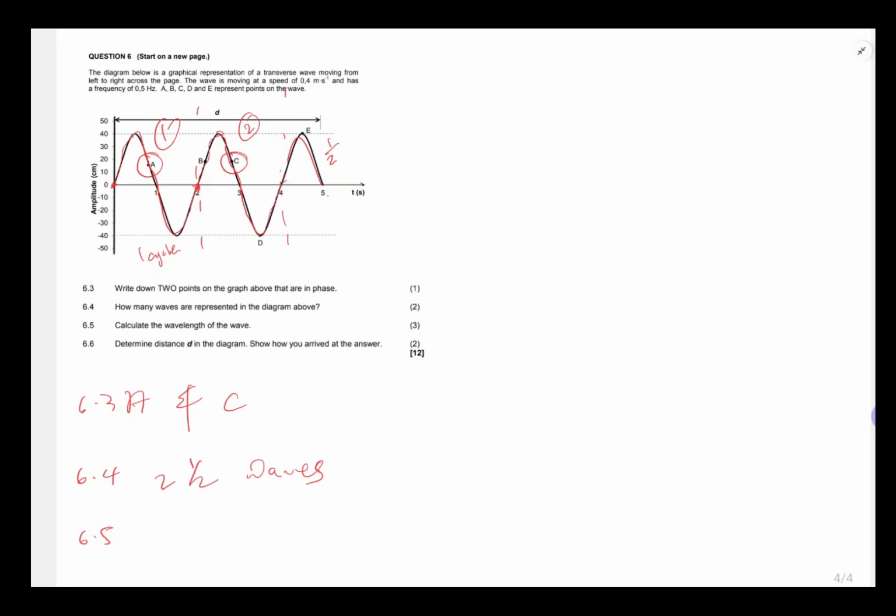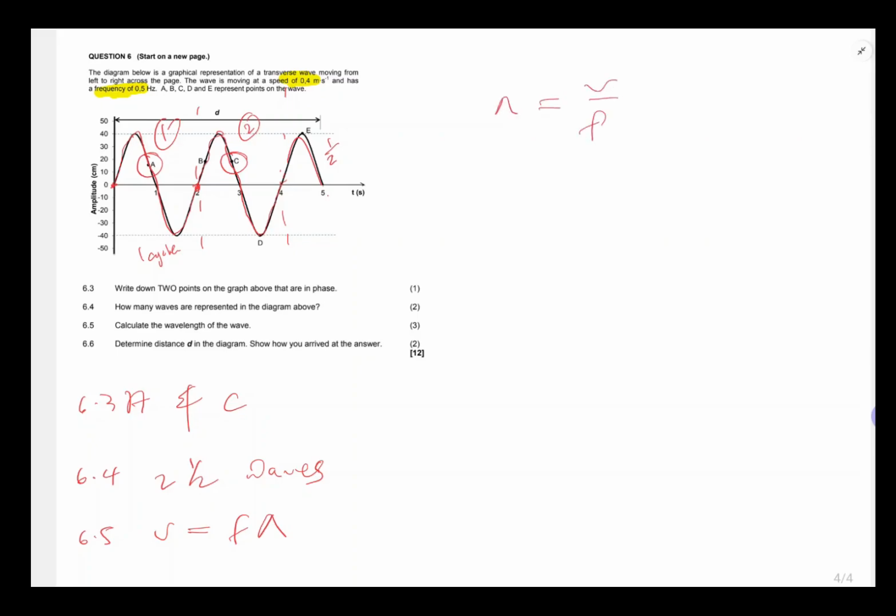But then again, we've been given something very powerful: the speed and the frequency. We know that the equation for speed is v equals f times lambda, and so we can just interchange those values.